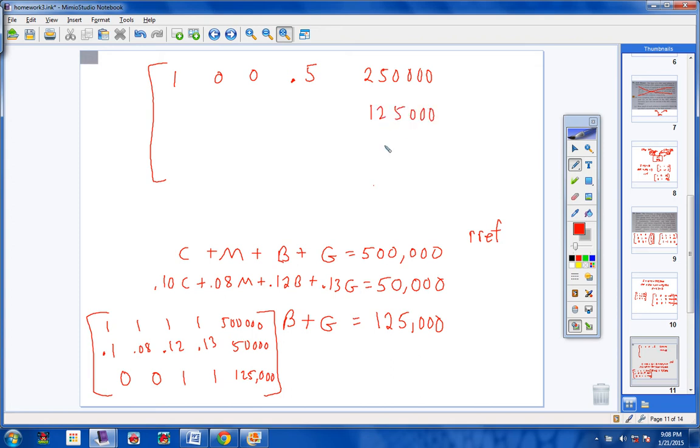By the way, you can scroll to the right and scroll to the left and look at the matrix if you need to. And then you would have 0, 1, 0, negative 0.5, and then 0, 0, 1, 1. That's what you should get out of your calculator.